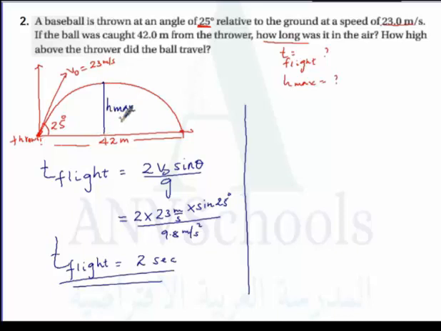So after the thrower point, we know that the maximum height is calculated by the formula, as I have shown you how to find the maximum height of the object.